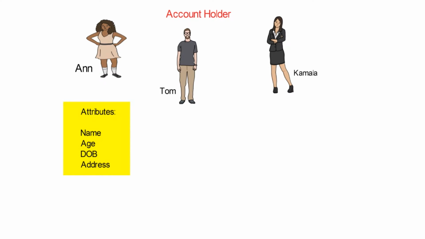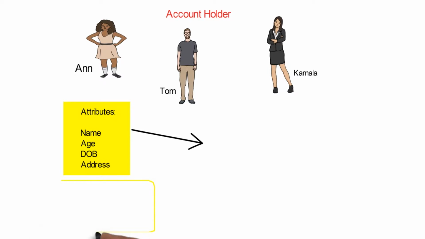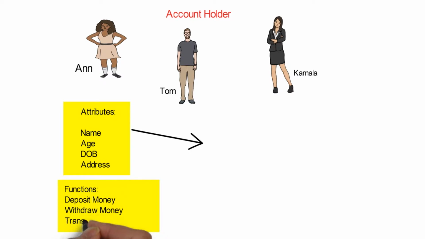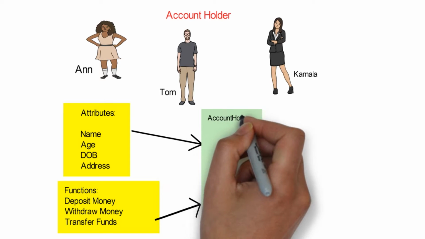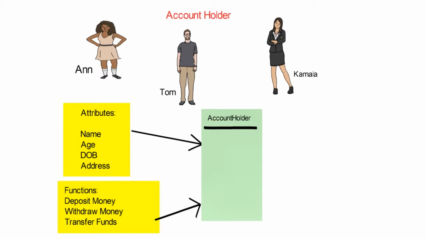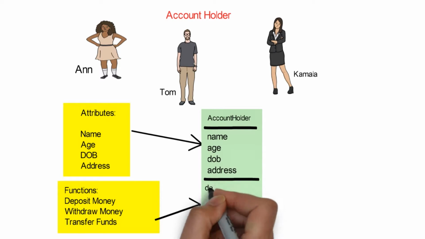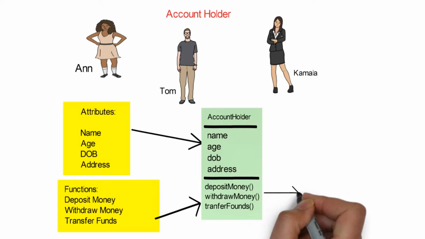He or she can have attributes like name, age, date of birth, address and so on. Likewise, there are some actions that a particular account holder can do. We can identify them as functions, for example deposit money, withdraw money, transfer funds.